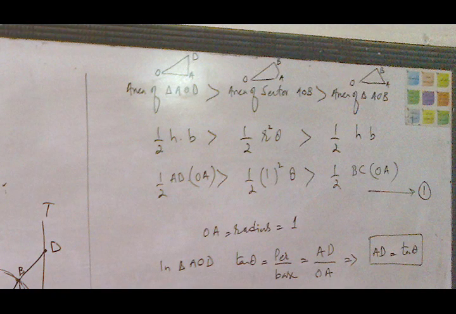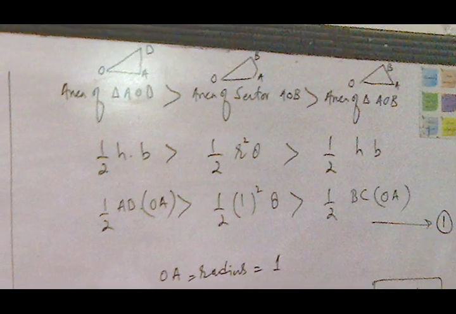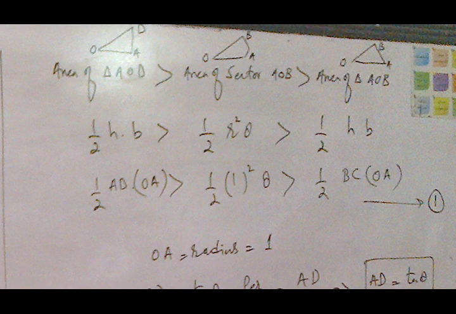Now from the diagram we have these points, and the greater triangle is AOD, and then the sector, and then the triangle inside the circle. Area of triangle is equal to 1 over 2 height multiplied by base.